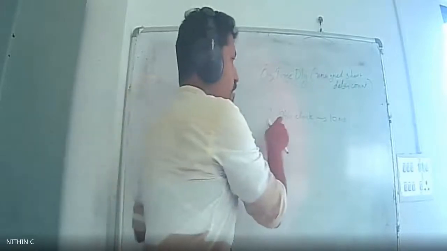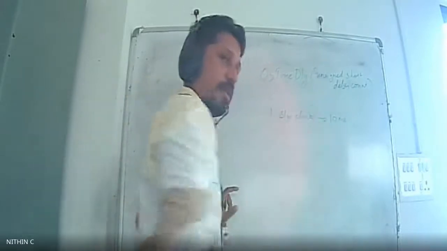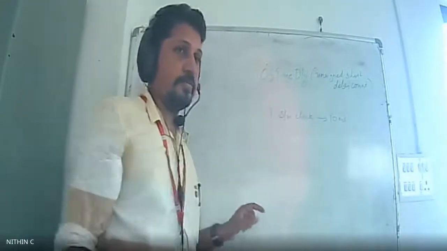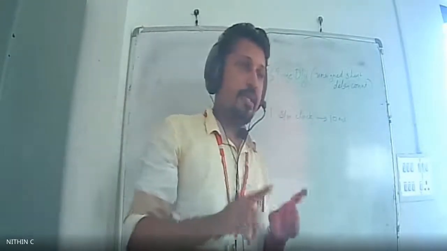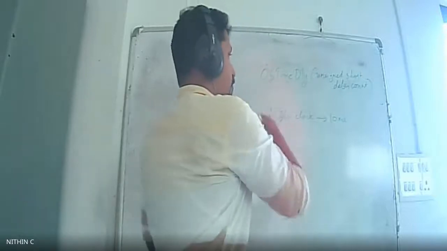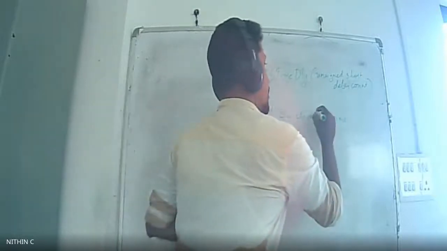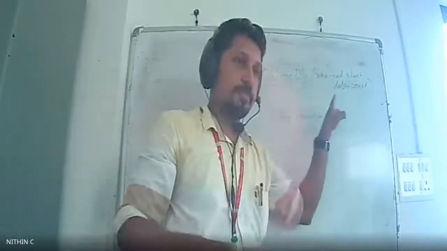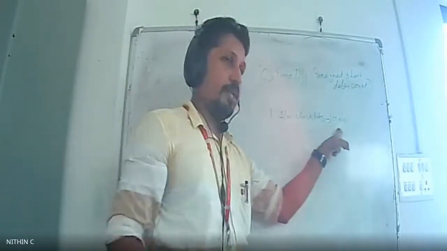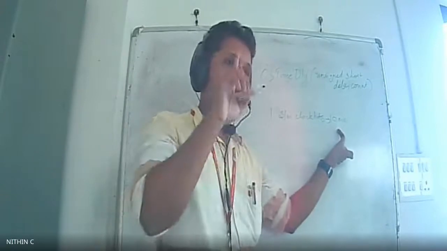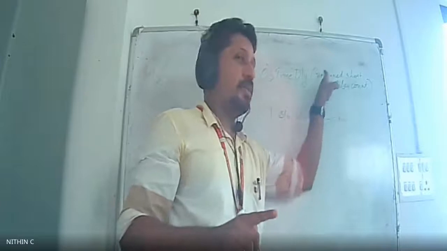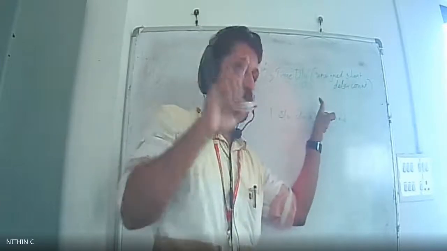So here one system clock tick takes 10 milliseconds. I want a delay of 1 second. What should be the number of clock ticks that I will give inside the brackets? One clock tick is 10 milliseconds, and I need a delay of 1 second. Here you mention the number of clock ticks corresponding to this 1 second.